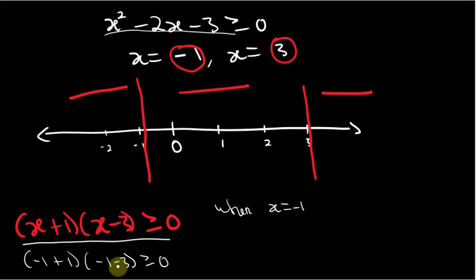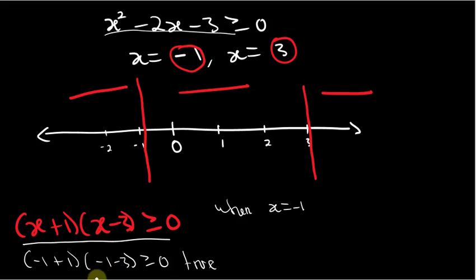Let's analyze whether this statement is true. -1 plus 1 will give us 0. 0 times whatever number we get in this bracket is also going to give us 0, because what we have in this bracket will give us -4. So -4 times 0 will give us 0. 0 is greater than or equal to 0. Is this statement true? Yes, the statement is true.